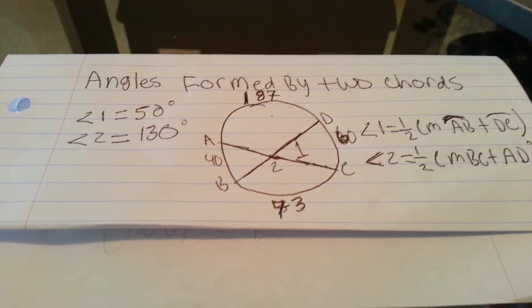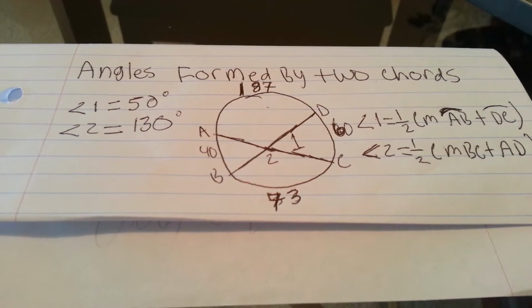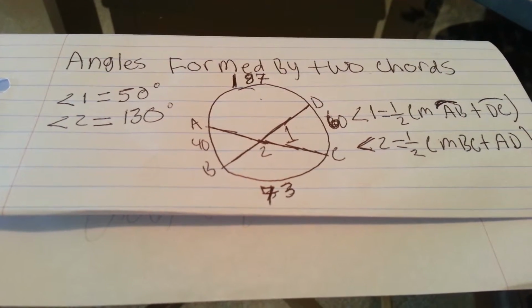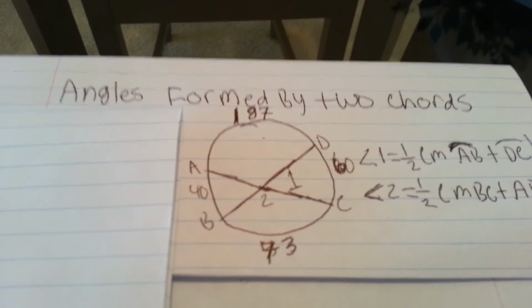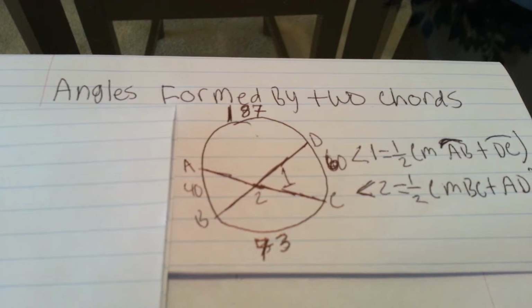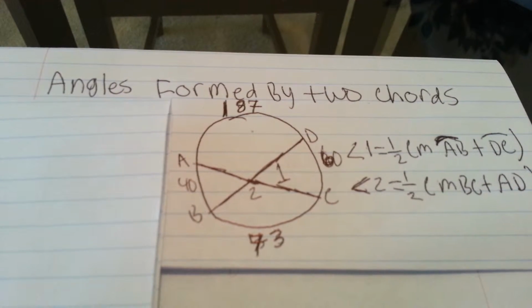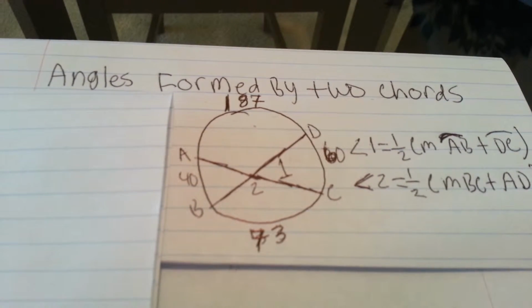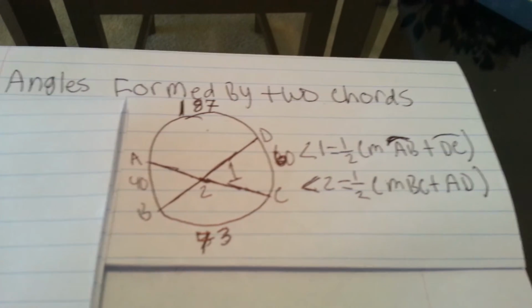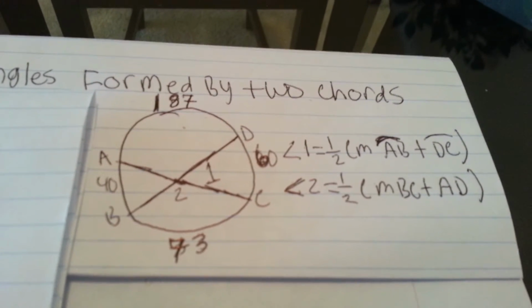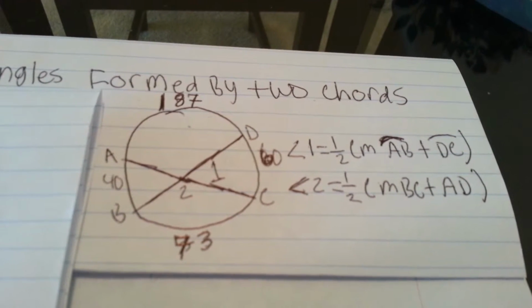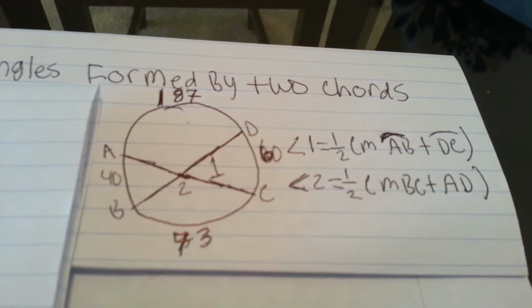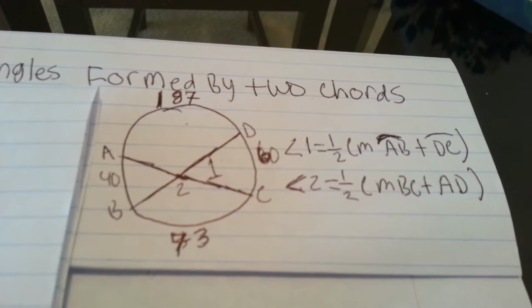The next part that we'll be learning about today is angles formed by 2 chords. As you can see in this problem, we are looking for angles 1 and 2. For angle 1, we'll have to use the formula 1/2 measure of arc AB plus 1/2 the measure of arc DC.